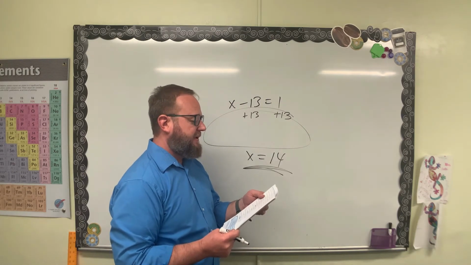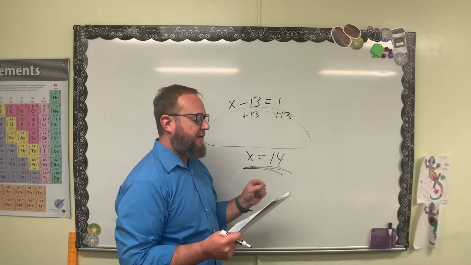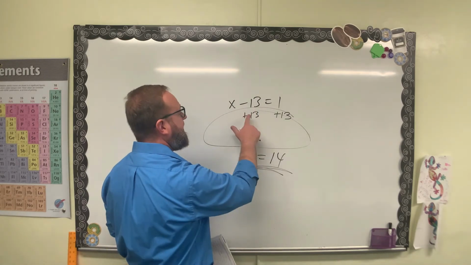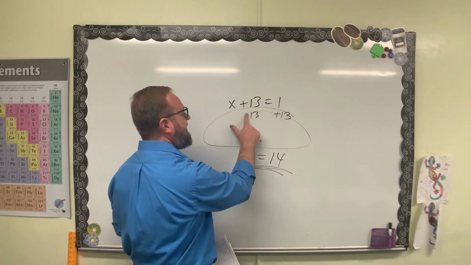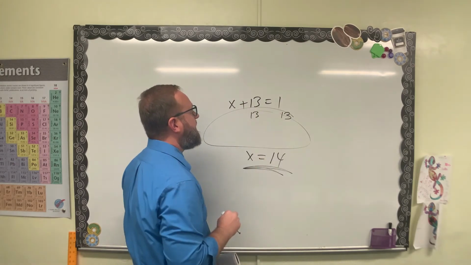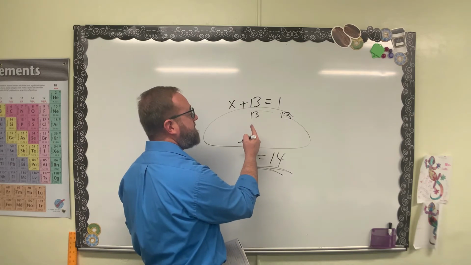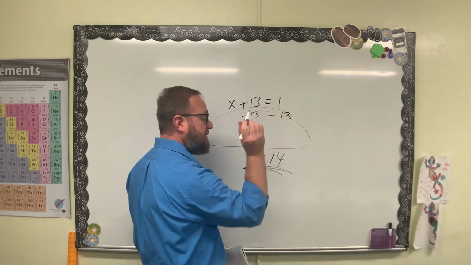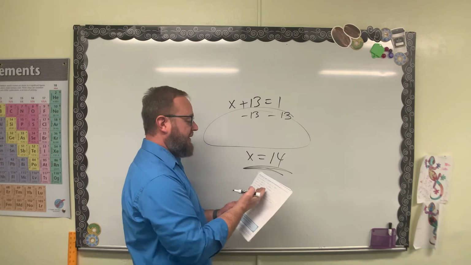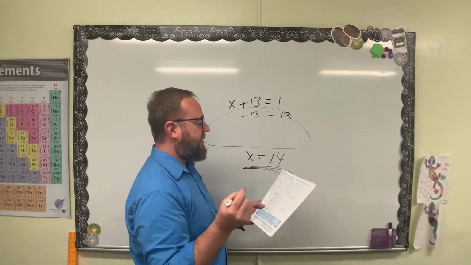The next one is x plus 4 equals 12. So, much like here, if this said x plus 13 equals 1, what would I have done? I would subtract 13 from both sides. In this case, it's x plus 4 equals 12.